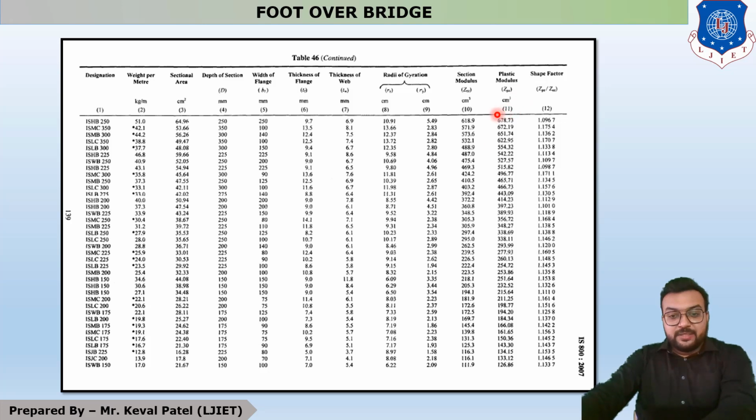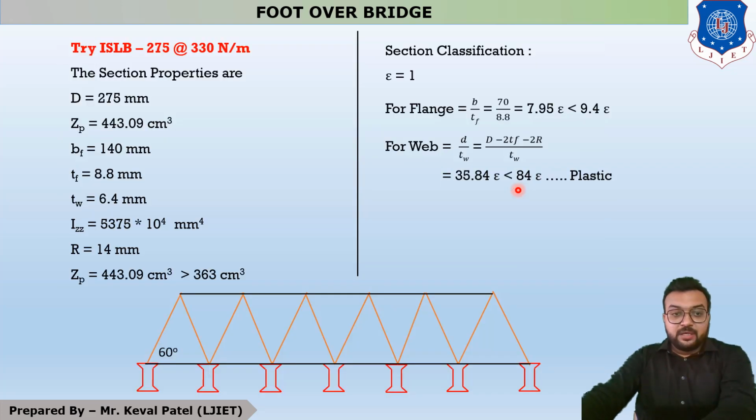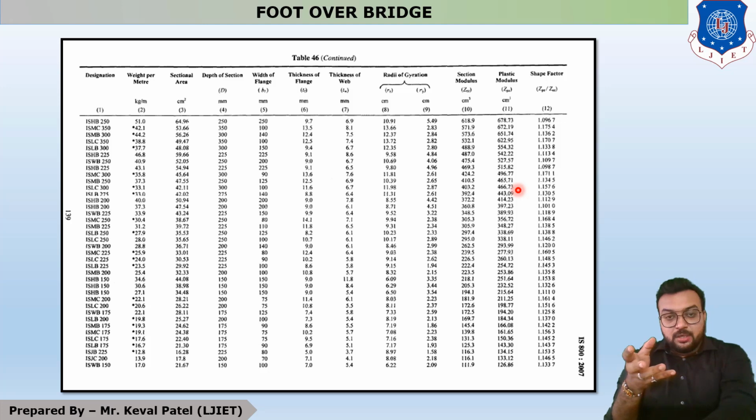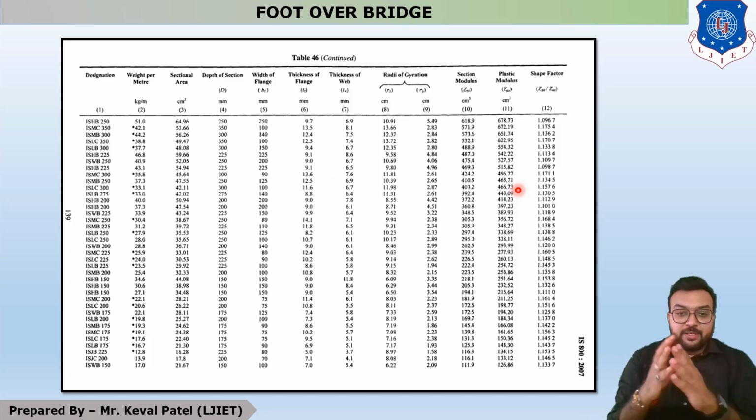There are a number of sections there. But in this example we have to take a beam. In the first example we took a channel section. It is already told that in cross beam we can take channel section or beam section.